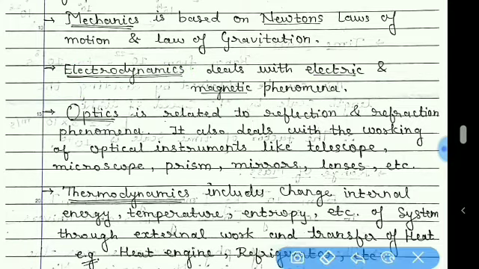Next is optics. You have studied optics in 10th standard. This branch of physics deals with the reflection and refraction of light, and also the dispersion of light. Now you know what dispersion of light is.